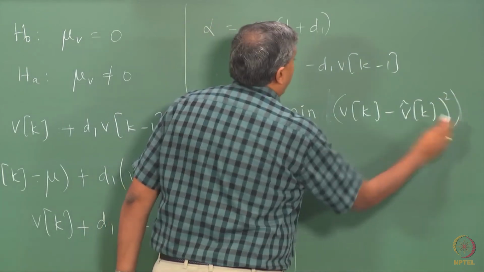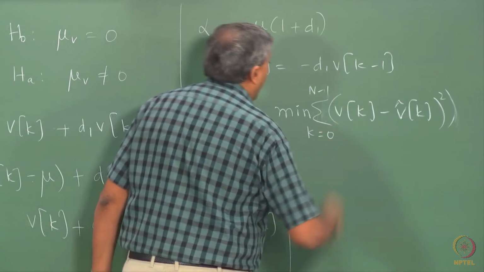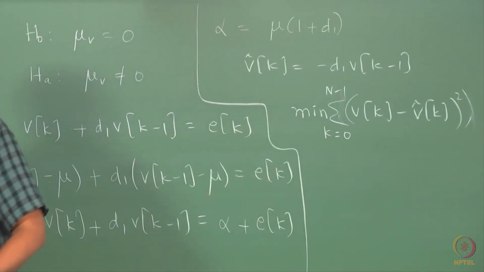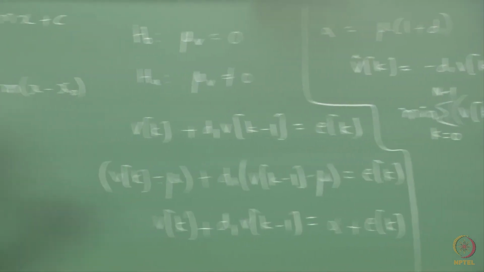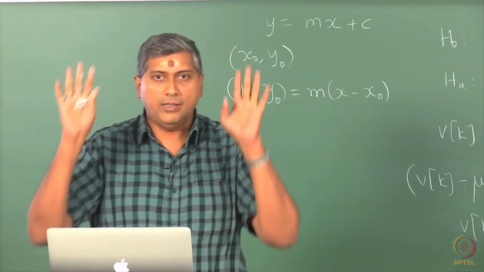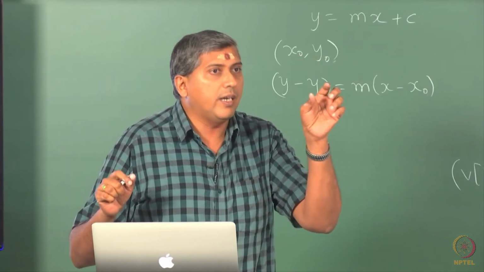In this case, it is going to be a least squares approach. So, you have Vk minus V hat of k to the whole square, the sum of that being minimized. This is not the only way, but you should understand the underlying principle.